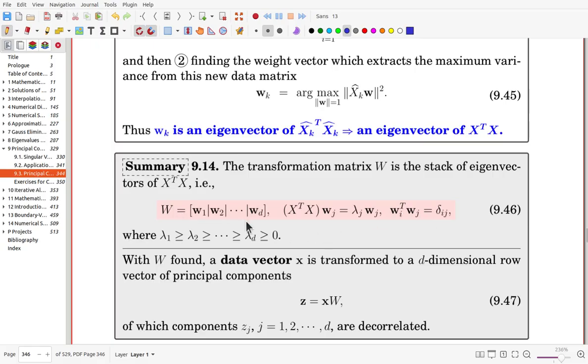So that is the stack of length 1 eigenvectors of X transpose X. That is exactly the weight matrix. Of course, the corresponding eigenvalues are decreasing. Once W is found, then data vector X is transformed to a d-dimensional row vector of principal components. Once W is multiplied, there is a row vector.